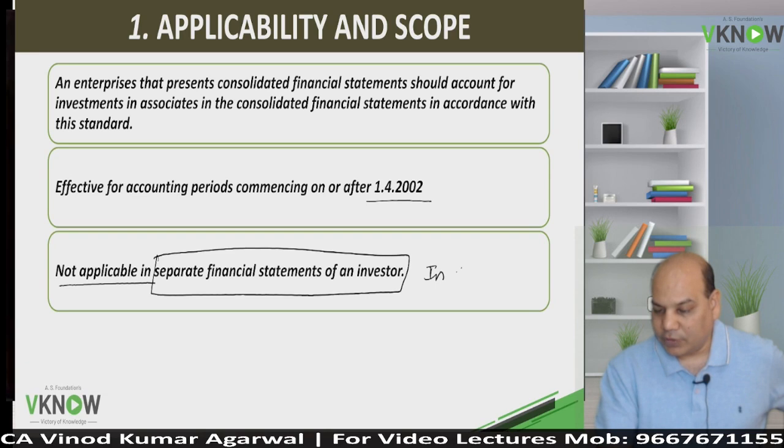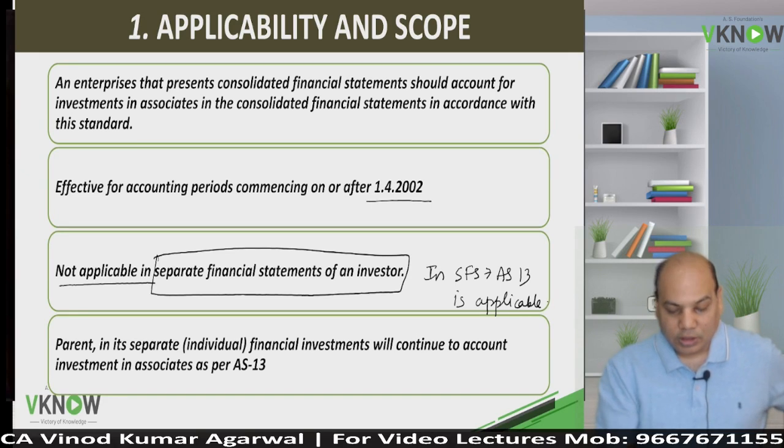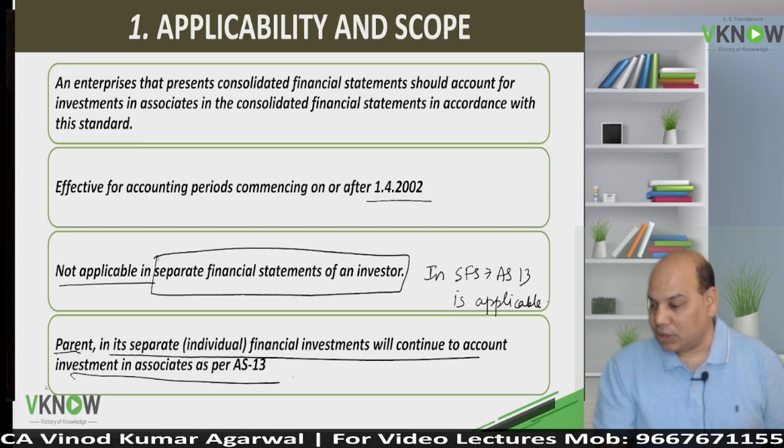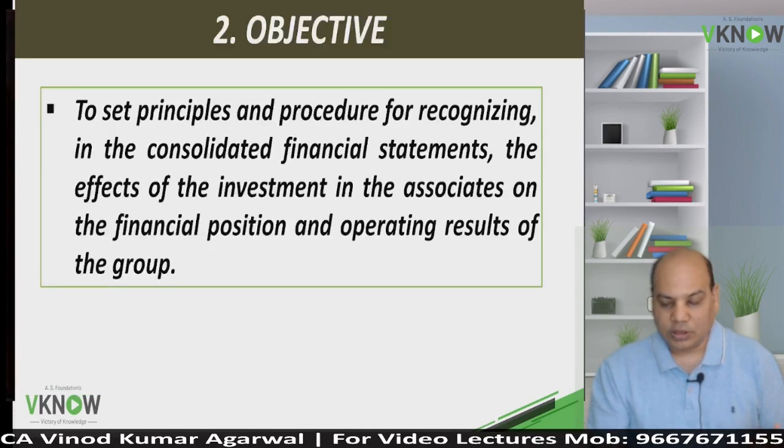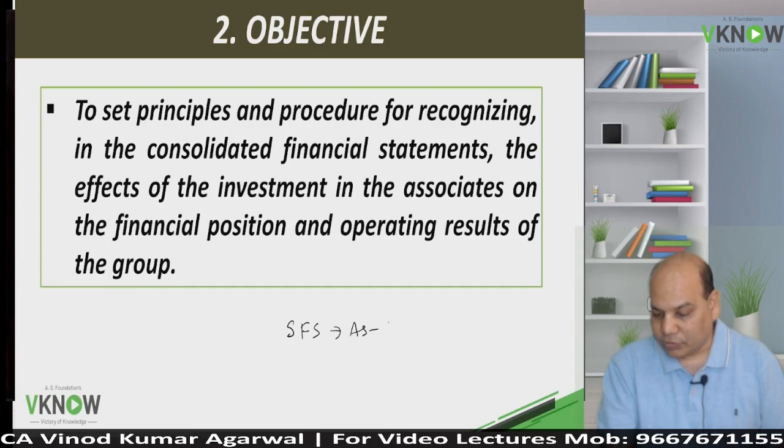In separate financial statements, accounting standard 13 is applicable, which you have already studied. Parent in its separate financial statement will follow AS13. So in SFS, separate financial statement, AS13 will be followed.